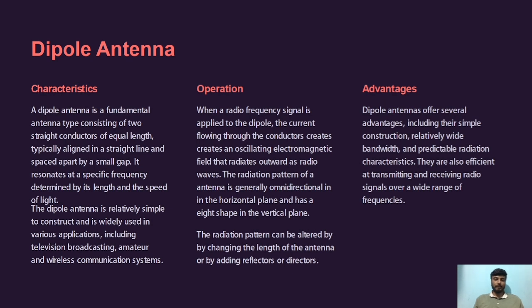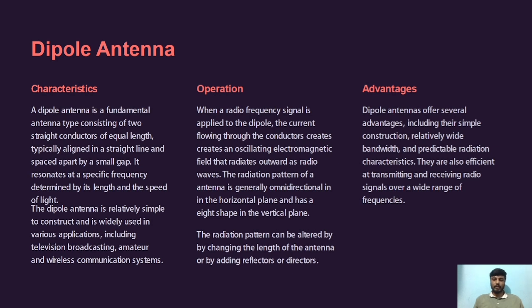Operation of the antenna: when a radio frequency signal is applied to the dipole, the current flowing through the conductors creates an oscillating electromagnetic field that radiates outwards as a radio wave. The radiation pattern of the antenna is generally omnidirectional in the horizontal plane and has an figure-eight shape in the vertical plane.